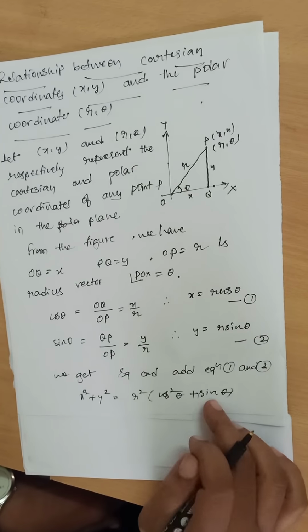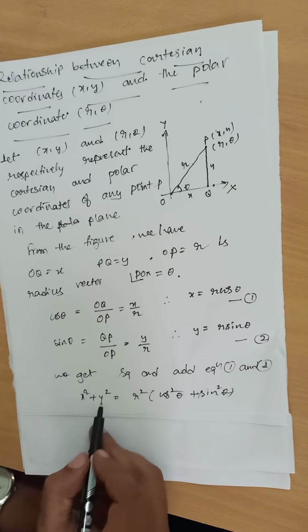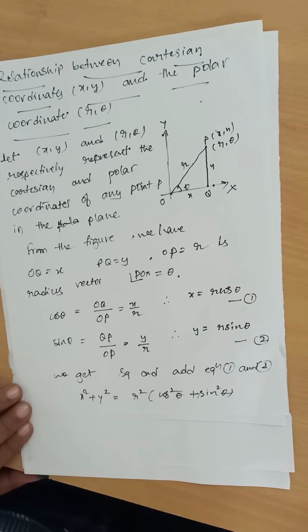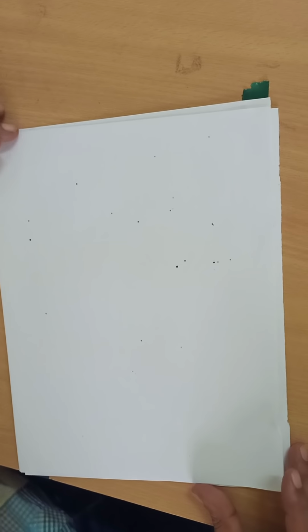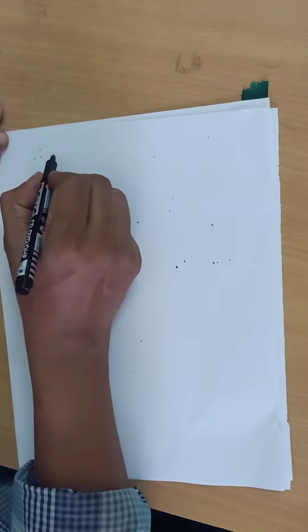Cos square theta plus sin square theta is 1, so r square is equal to x square plus y square. Therefore r is equal to square root of x square plus y square, call it equation number 3.